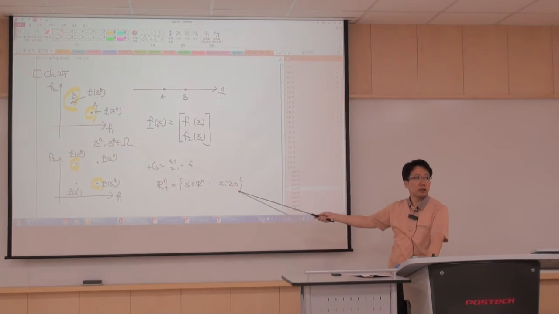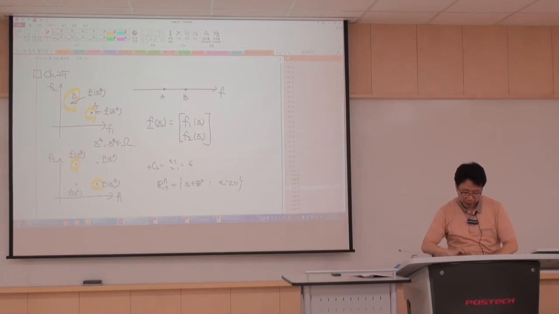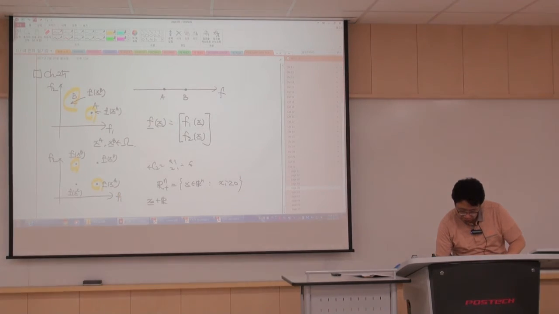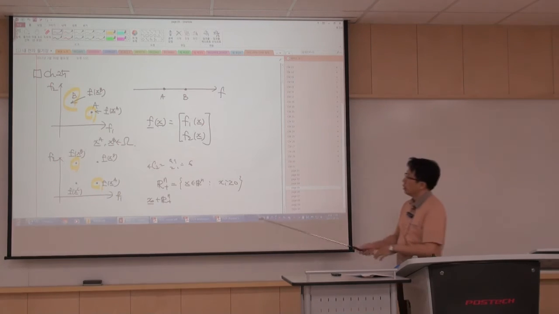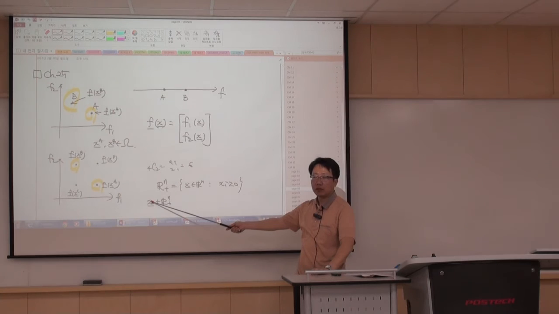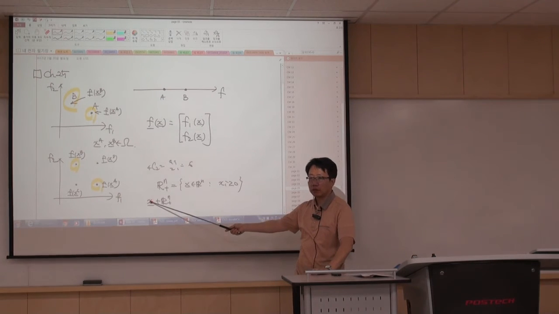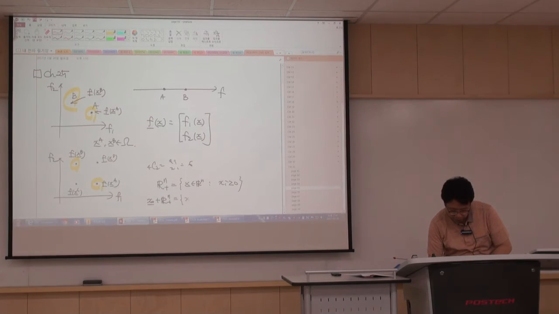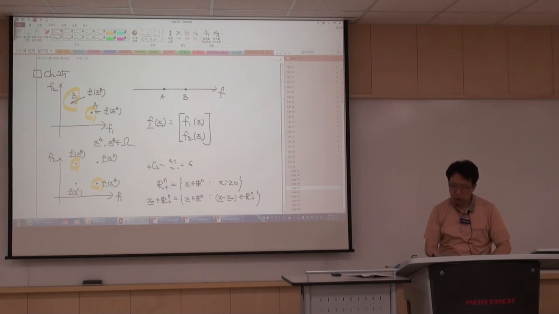Got it? Now let's define some strange operation like this. You add x0. And what is that? Simple. This is the set of points in Rn such that x minus x0 is in Rn plus. Got it?